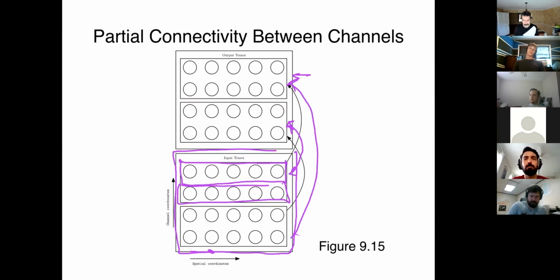This type of connectivity might also be useful for some tasks, especially when you want to, for example, preserve computation for producing these feature maps. So there are some properties that you can get out of this partial connectivity between channels.